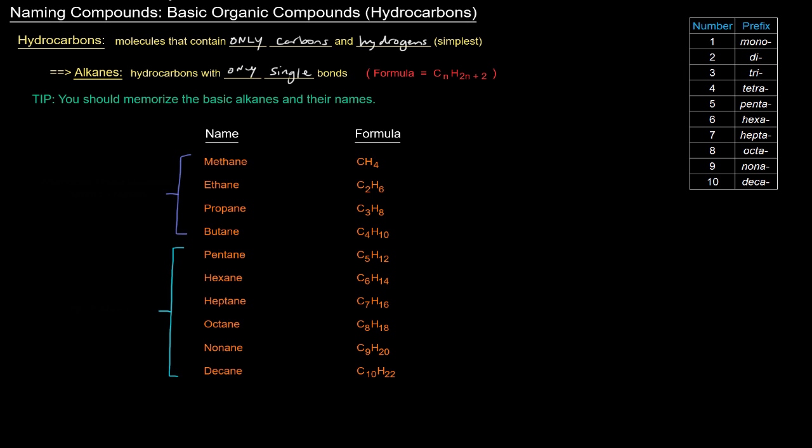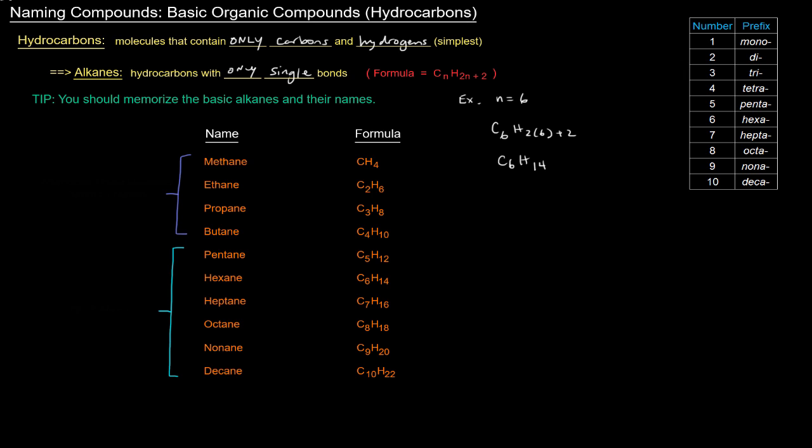So, as an example, if we have n equals 6, we would have C6H(2 times 6 plus 2). So that would be C6H, 2 times 6 is 12, plus 2 is 14. So that would be C6H14, and that's actually shown right here. And that's called hexane. We'll get into that in just a second.